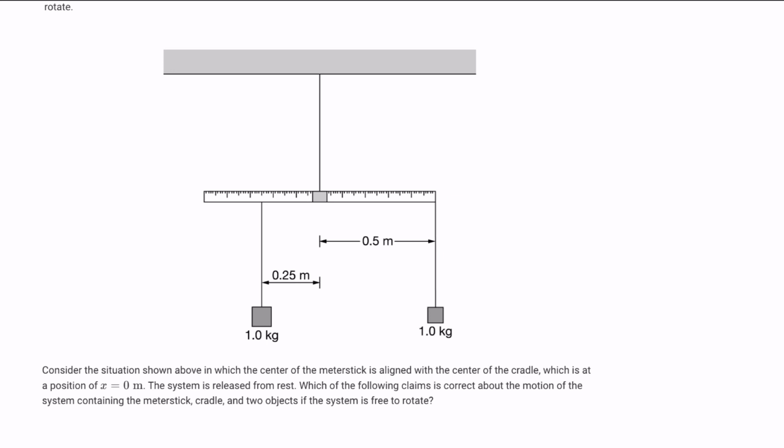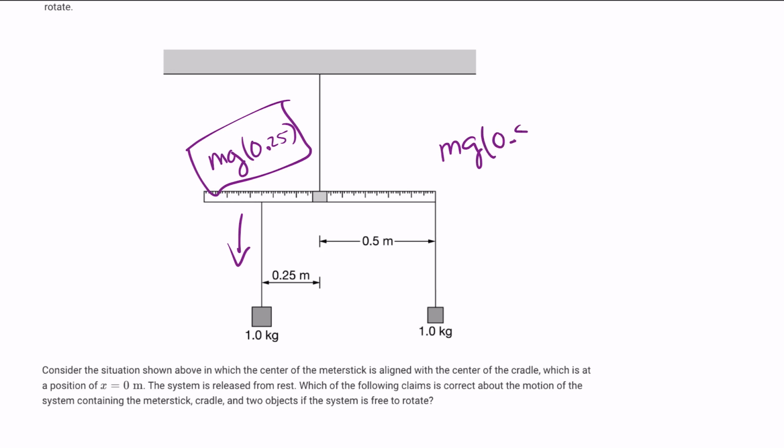The torque generated by gravity on this one is mg times 0.25, because it's the distance from the axis of rotation times the force perpendicular to the lever arm. That's downward. On this side, we have the same mg, but this time it's times 0.5, which is a larger number.